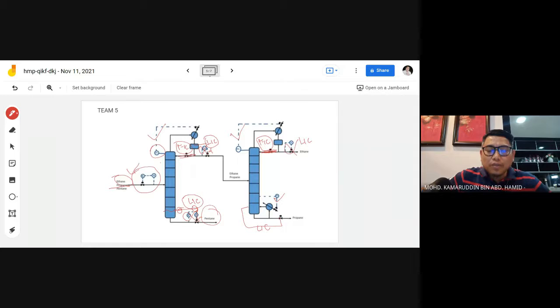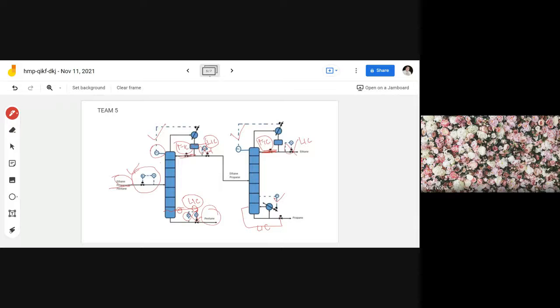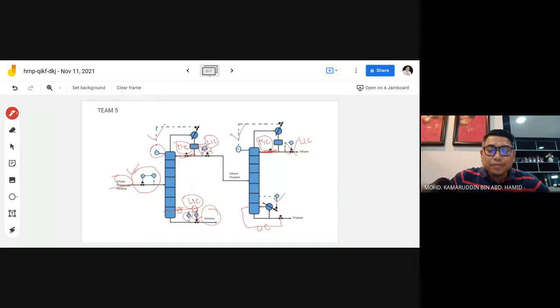Okey, maksudnya pada feed tu awak control temperature. So what do you manipulate? Kita tengok case yang ini, team 5 ni. Okay.